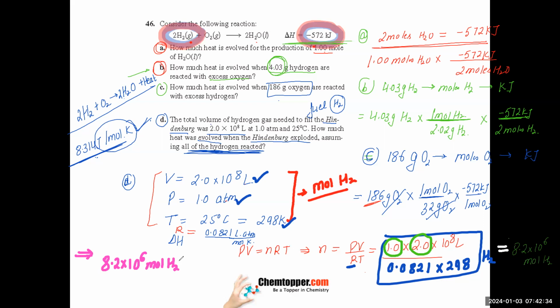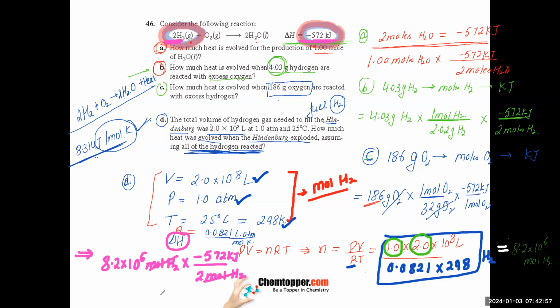What do you want? You want energy, delta H. And delta H for 2 moles is minus 572. So plug in that ratio: minus 572 kilojoules over 2 moles of H2.